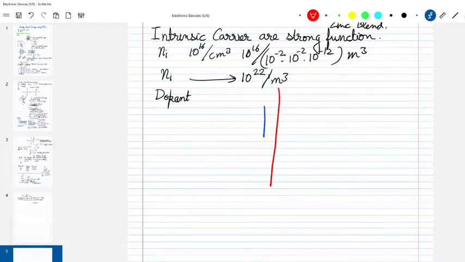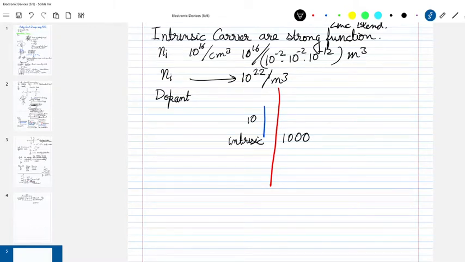So for example, let's say there were 10 electron-hole pairs which were intrinsic, right? And somehow I introduced holes or electrons which are going to be 100 times of that, so let's say 1000.